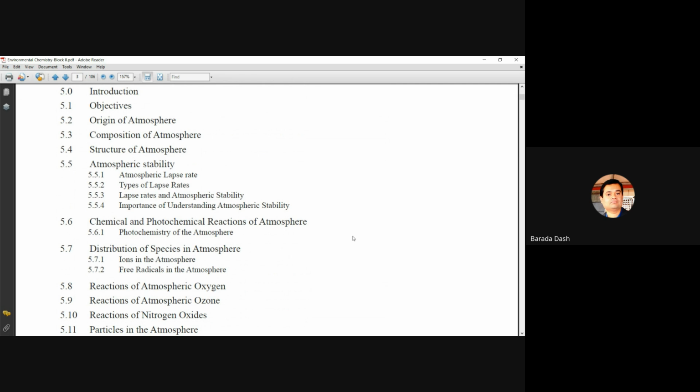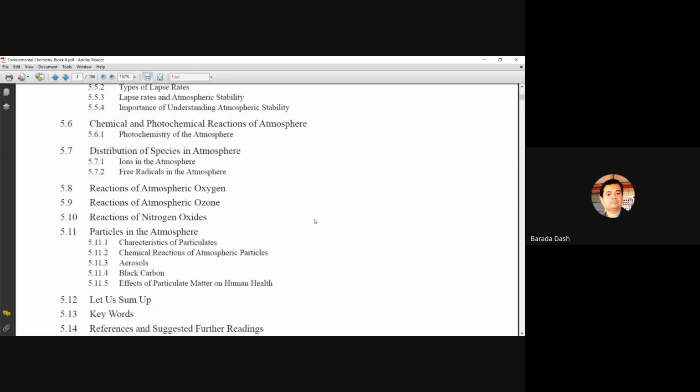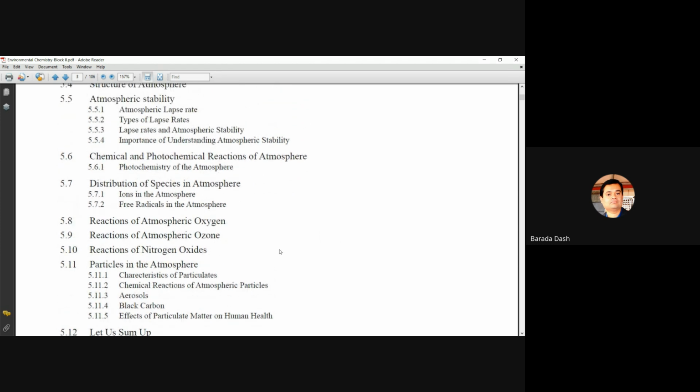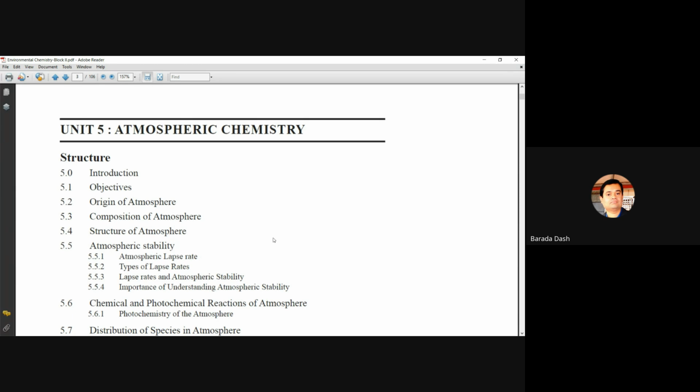Then photochemical reactions of the atmosphere, photochemistry of the atmosphere, distribution of species in the atmosphere, ions and free radicals in the atmosphere, reactions of atmospheric oxygen, ozone and nitrogen oxides. Next are particles in the atmosphere: characteristics of particulates, chemical reactions of atmospheric particles, aerosols, black carbon, and the effect of particulate matter on human health. So these are the components that we are going to discuss in this unit 5.